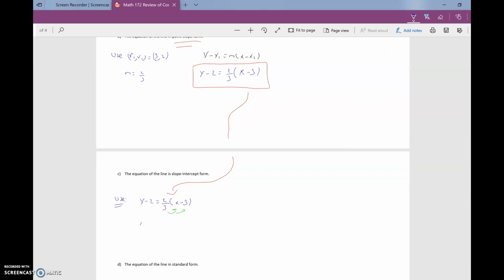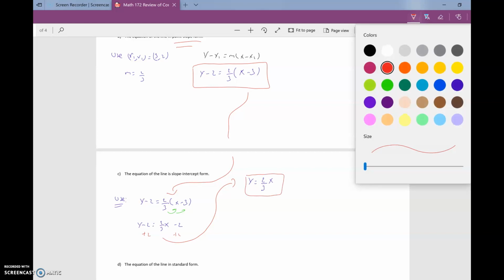So we're going to end up with y minus 2 is equal to 2/3 of x minus 2, because the 3's cancel, and then let me just add the 2's. So our final solution for this one is y equals 2/3 of x. And that's actually it.